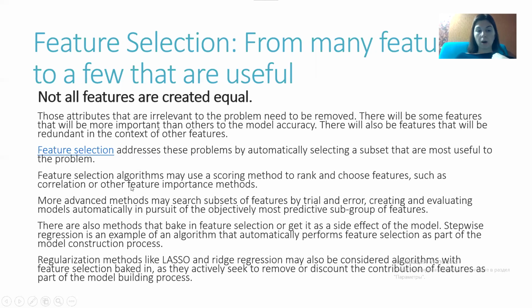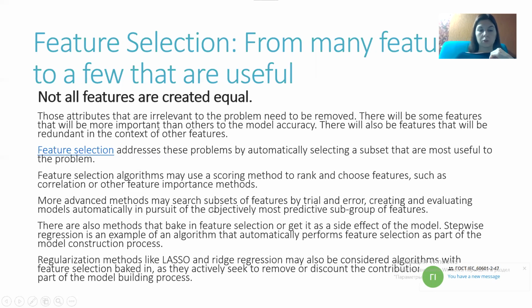Or other feature importance methods. Actually, discriminant analysis allows you to estimate the G-value, the linear separability of classes using the features. So you may also rank your features in accordance with this parameter.